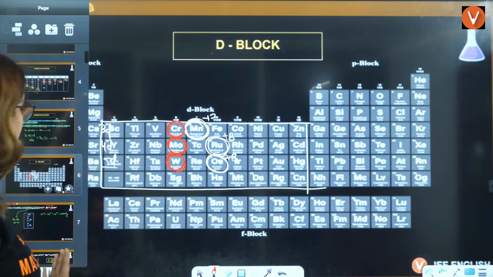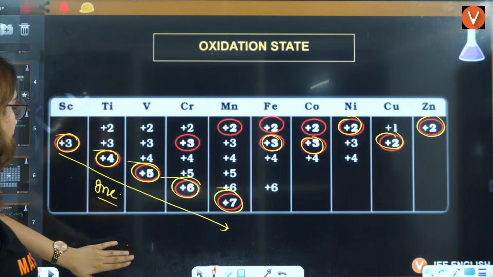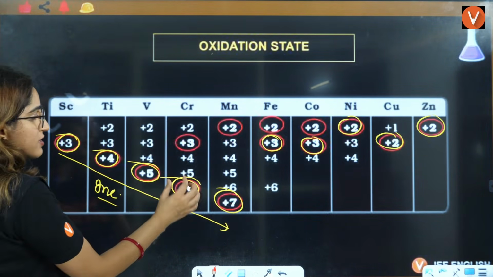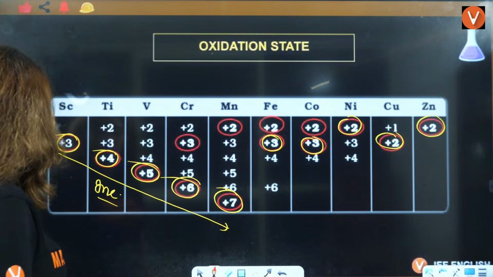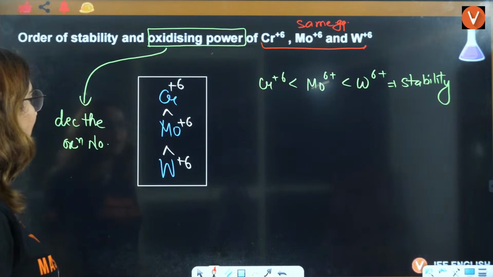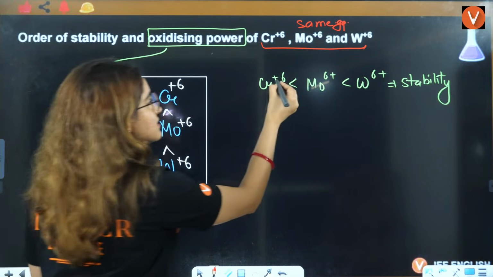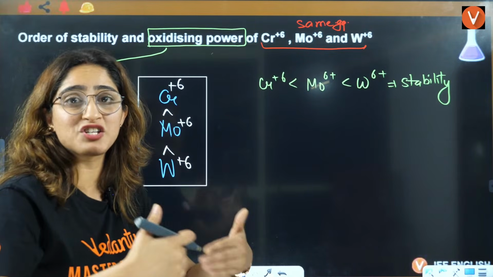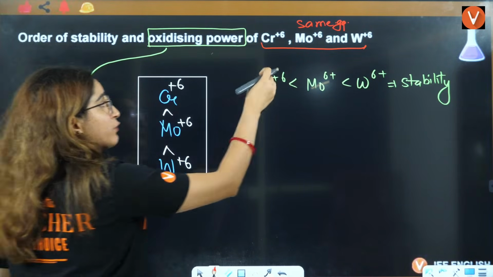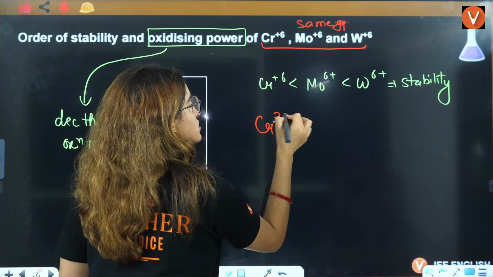Now, if you see here, in chromium you have 6, 5, 4, 3, 2. These are the different oxidation numbers that they can exist in, right? Now, this is not stable, so it would want to get its oxidation number decreased. It would want to get reduced.